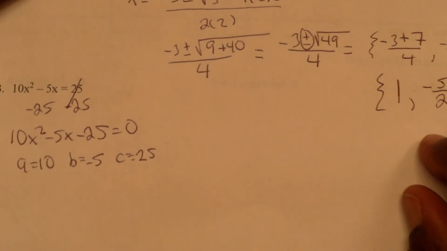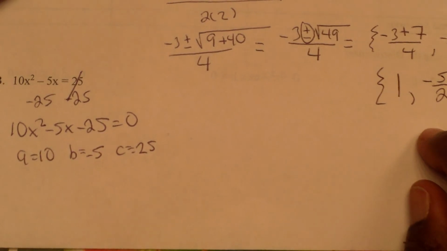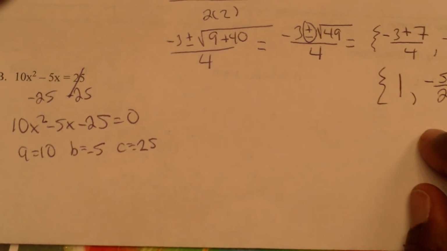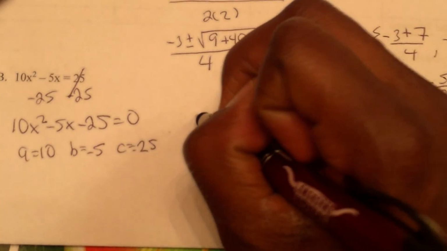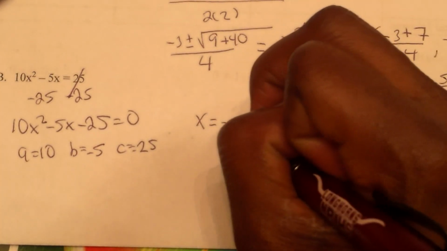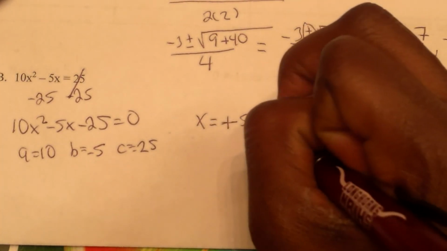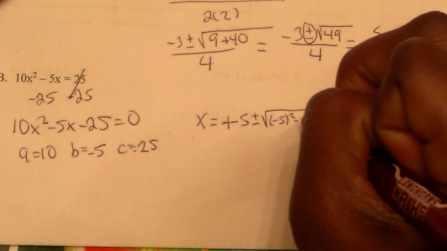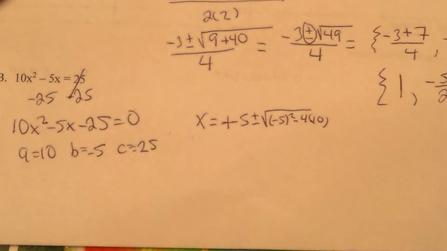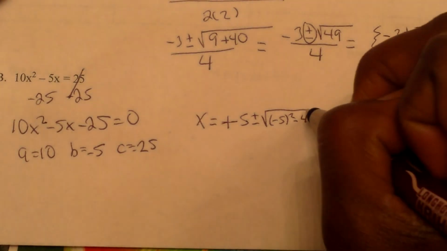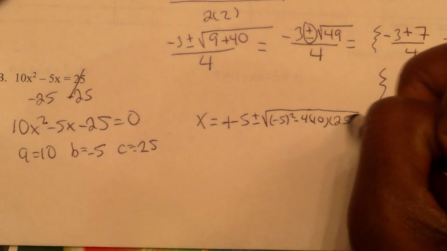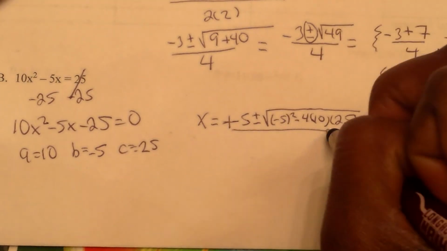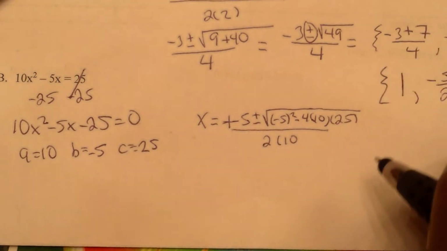And now we're going to put that into the quadratic formula. So we end up with x equals negative 5, which turns into a positive, plus or minus the square root of negative 5 squared, minus 4 times 10 times the C, which is 25, all over 2 times 10.